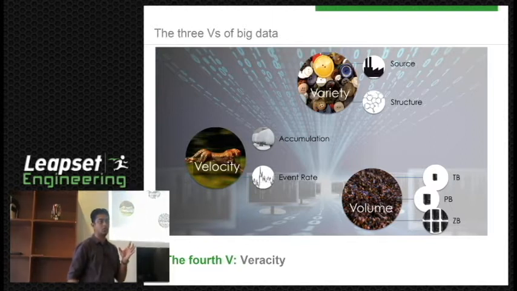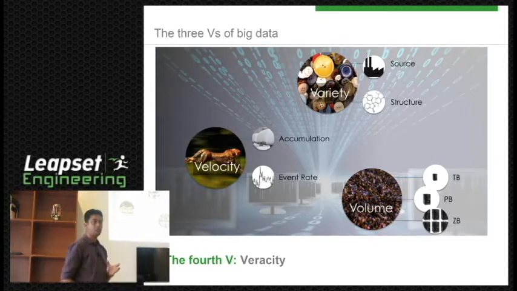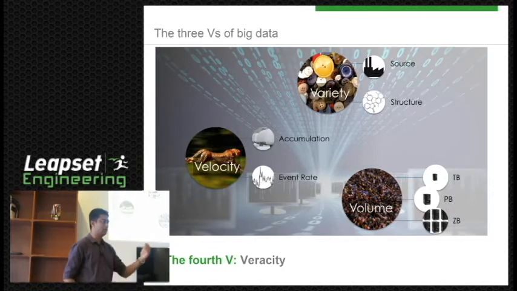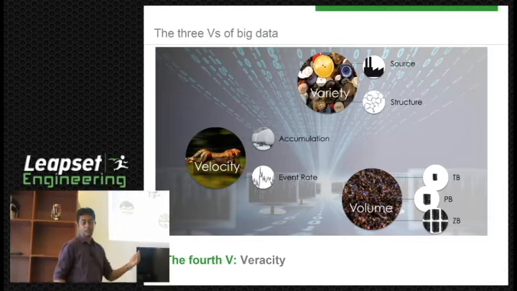The cost of storage has been declining of late, and because of that it allows us to store more data, right? And the velocity of data is increasing. The rate at which we have to acquire data is very high, and it's increasing.